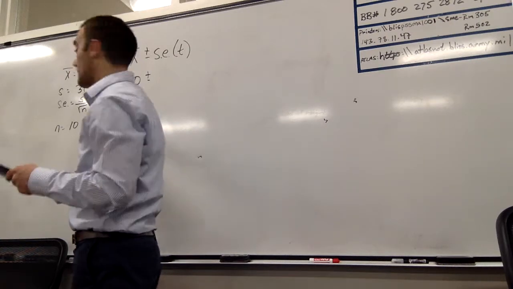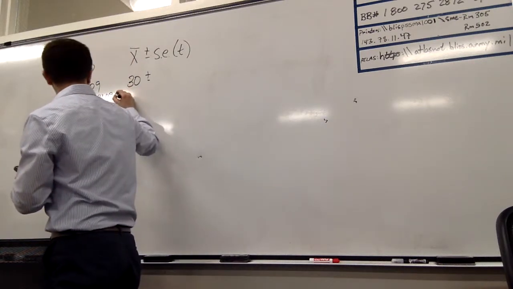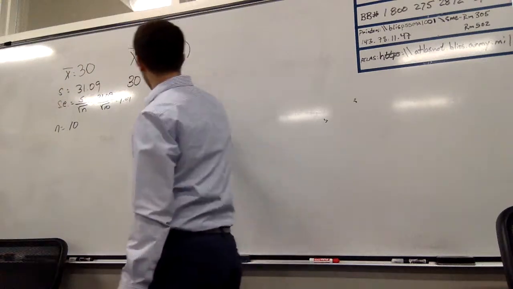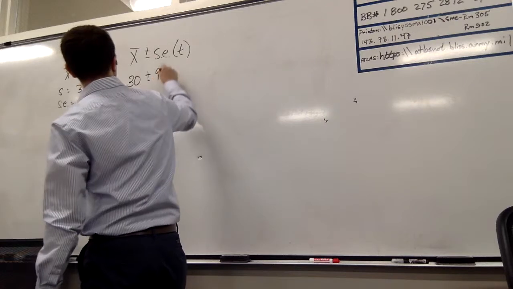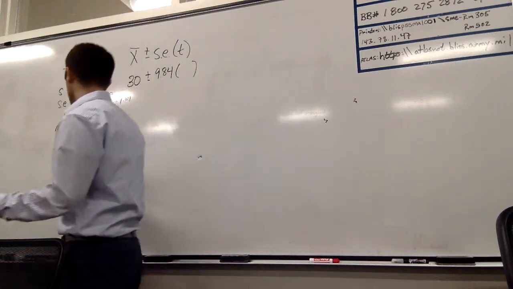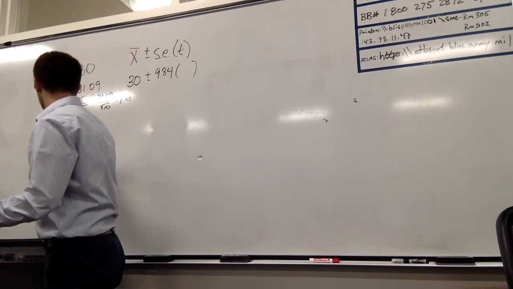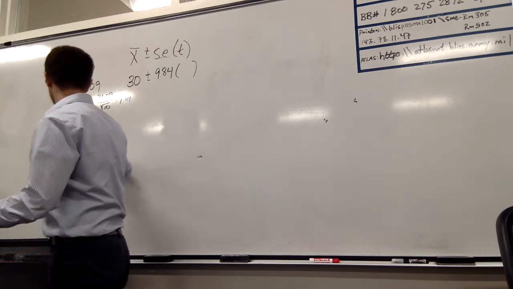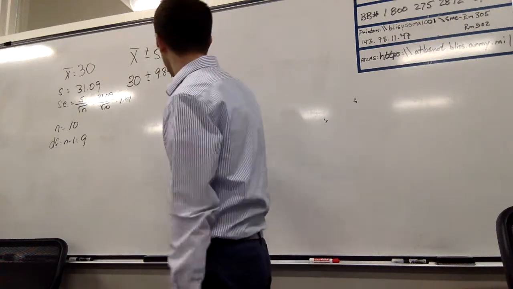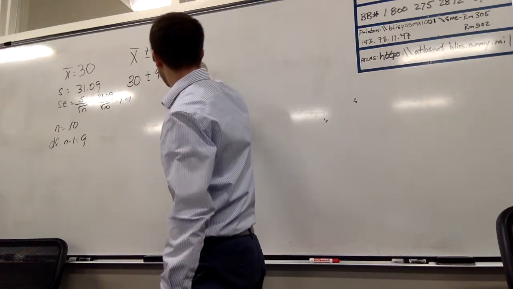Correct, to get 9.84 as your standard error. And the correct t, you've got an n of 10, so degrees of freedom n minus 1 is 9. In your t table for 95% confidence was 2.27.